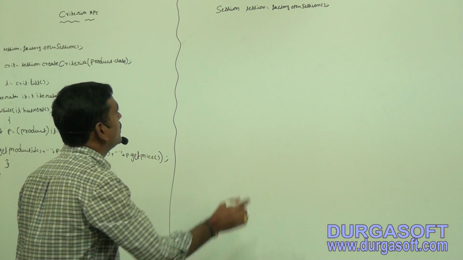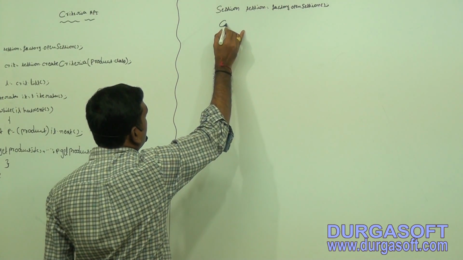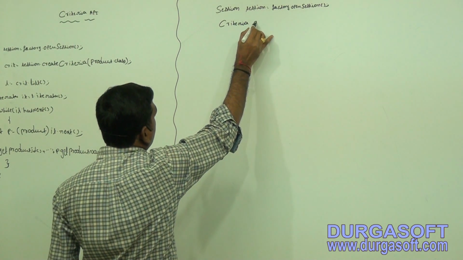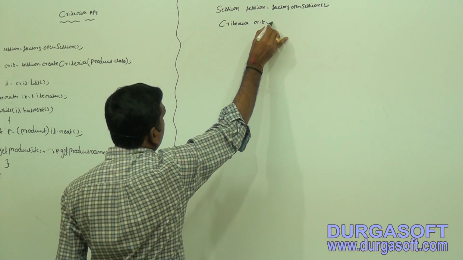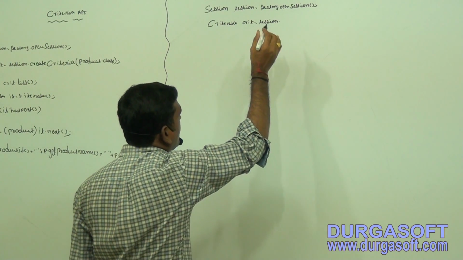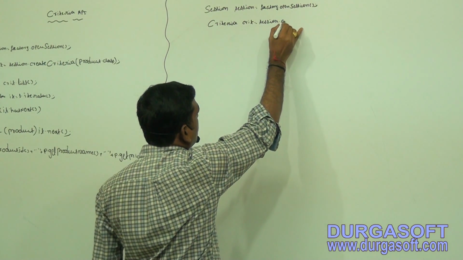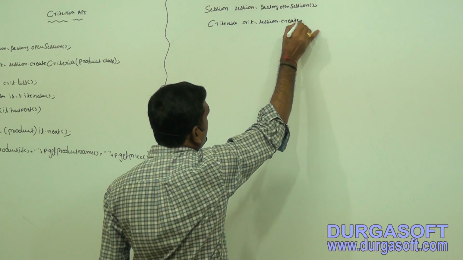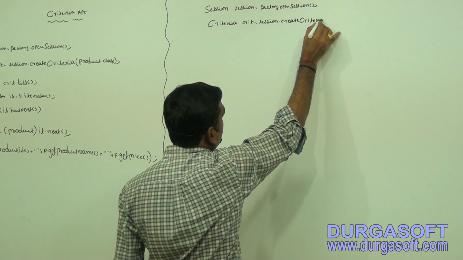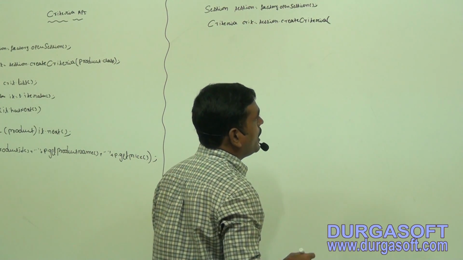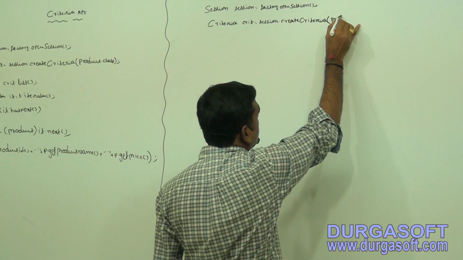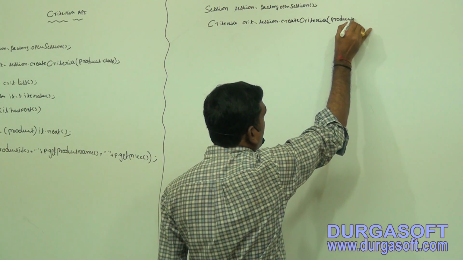After that, Criteria is equal to session dot createCriteria. Under that we can pass Product dot class.